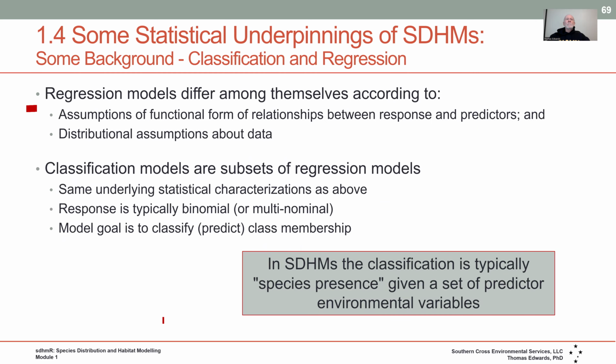Now, the regression models themselves all differ according to the assumptions of what's called a functional form of the relationship between the response and the predictors. I don't want to go into mathematics, statistical history, or anything like that, but when you see the phrase functional form, what that means is there is something called a PDF.